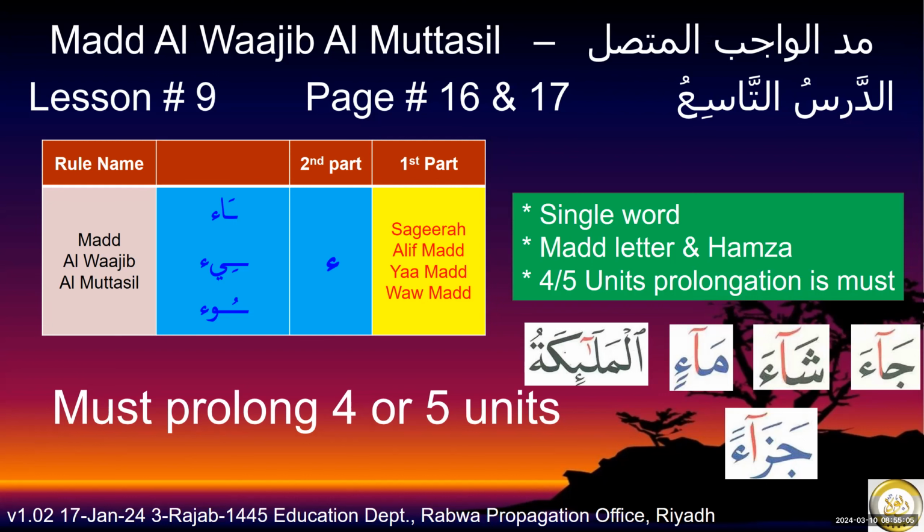If, because of any printing mistake, you don't find the mad sign, even though the structure shows mad followed by hamza, that means 4 or 5 units prolongation. So irrespective of whether there is a mad sign or not, if a mad letter is followed by hamza, the reader must prolong 4 or 5 units.